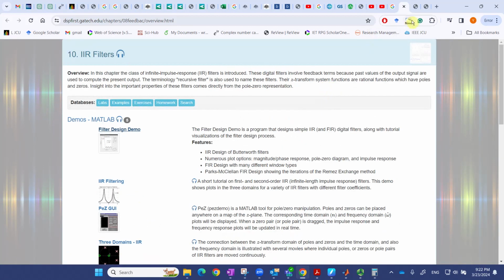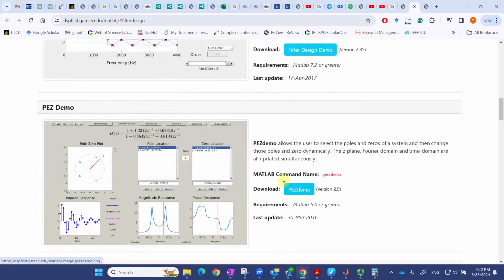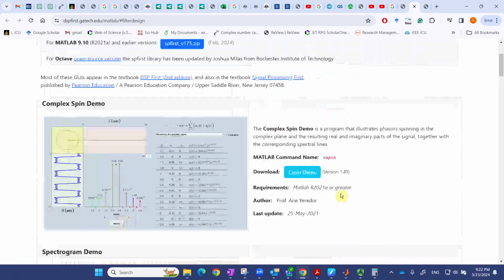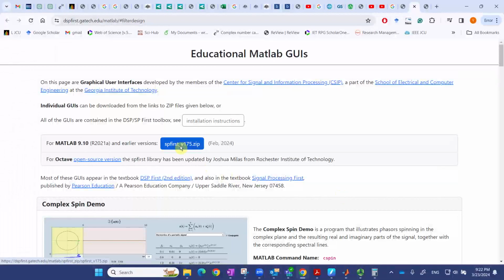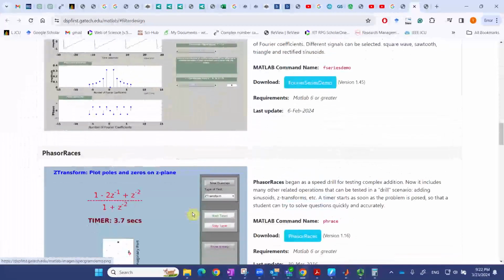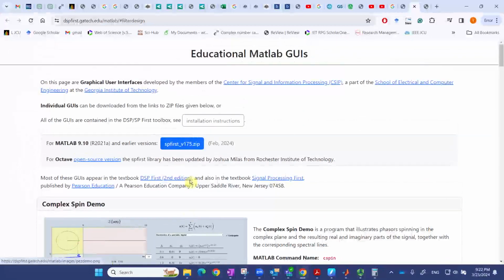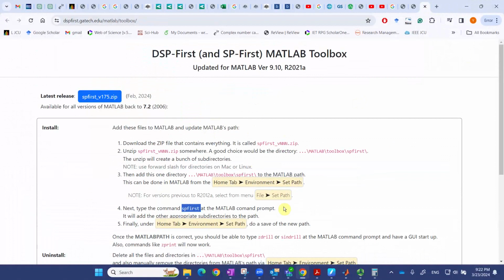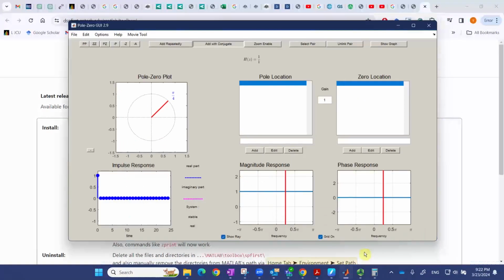You can double click that and download the whole package. There are a lot of useful visualization tools. You can download the package from here and follow the instructions. You can install that, so we can play with it.